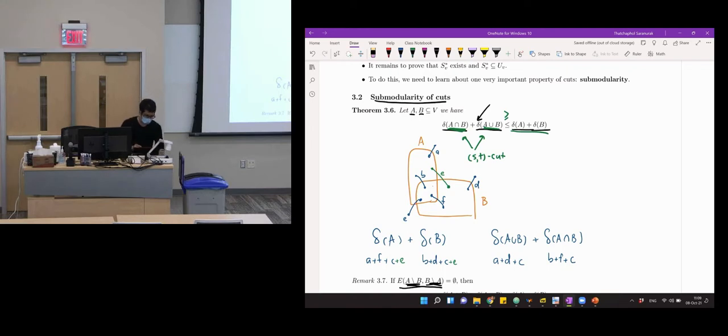The way that I prove it is that I draw 2 sets A and B that can intersect, and then draw all the cases of where the cut edges can be.